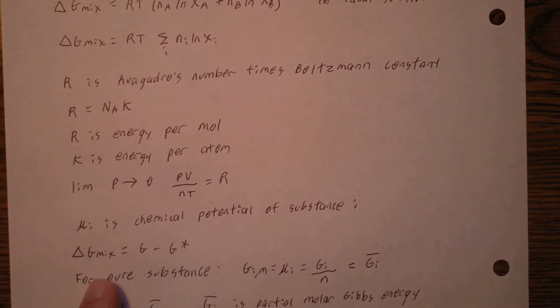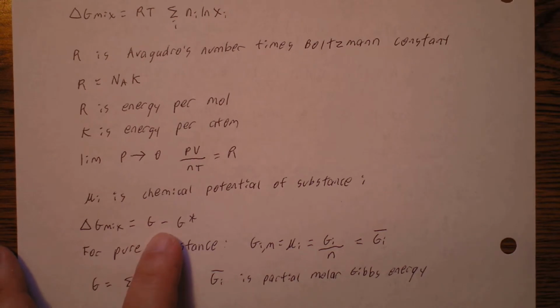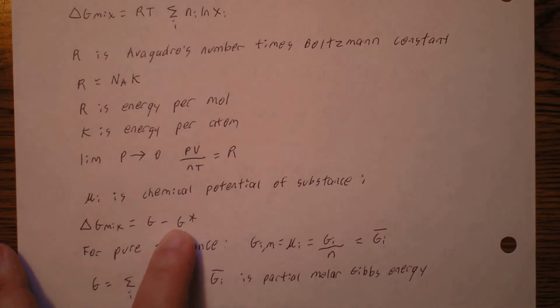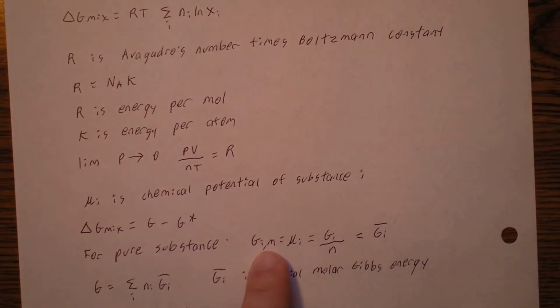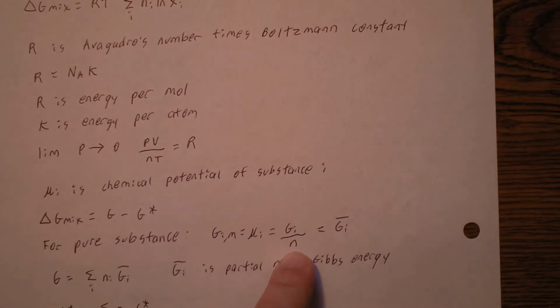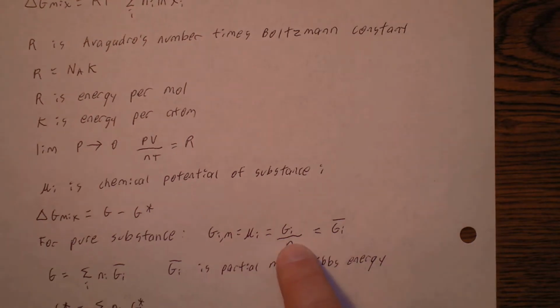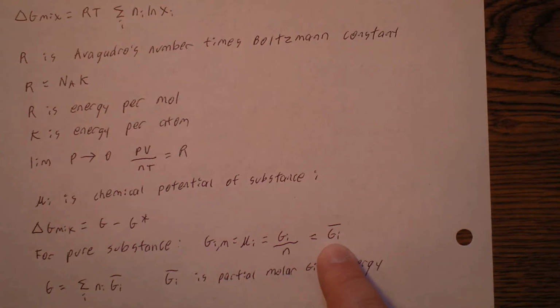And so mu subscript i is the chemical potential of substance i. Now the change in Gibbs free energy from mixing is going to be equal to the Gibbs free energy minus the Gibbs free energy unmixed. Now for the pure substance, the molar Gibbs free energy of substance i is equal to the chemical potential i, which is the Gibbs free energy of substance i divided by the number of moles of the substance. And that's going to be equal to this molar Gibbs free energy of i.